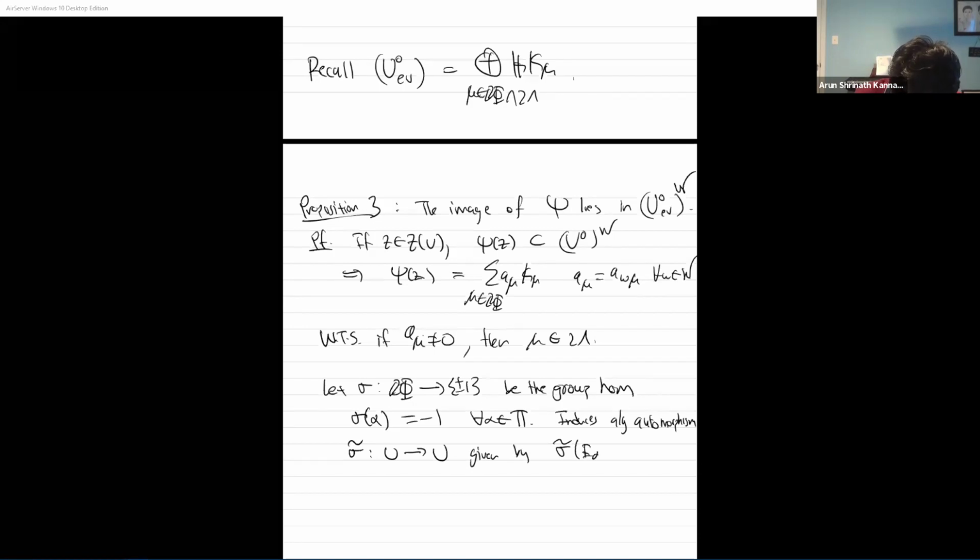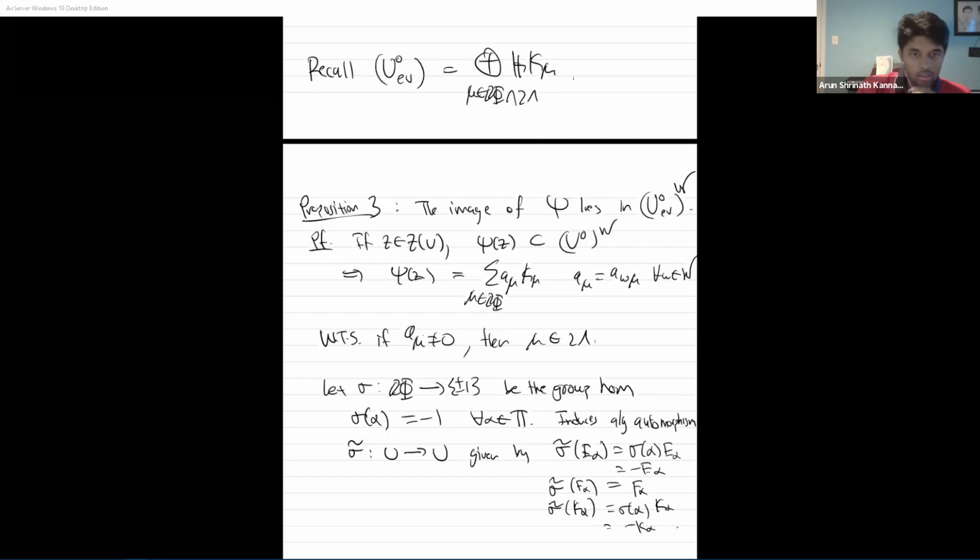So sigma twiddle of E alpha is equal to sigma of alpha E alpha, which is equal to minus E alpha. Sigma twiddle of F alpha is equal to F alpha, and sigma twiddle of K alpha is equal to sigma of alpha K alpha, which is equal to minus K alpha.